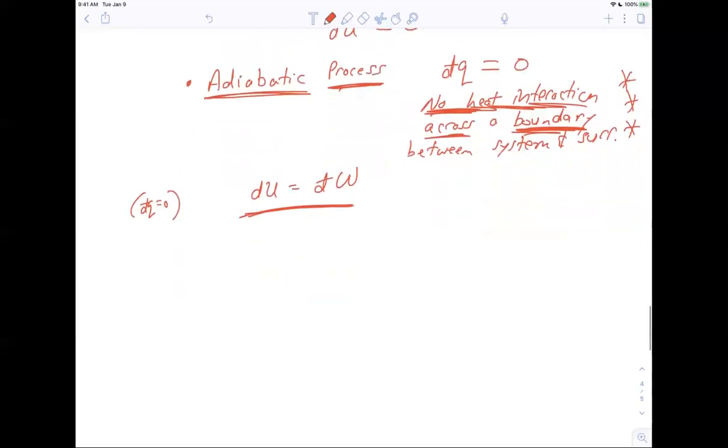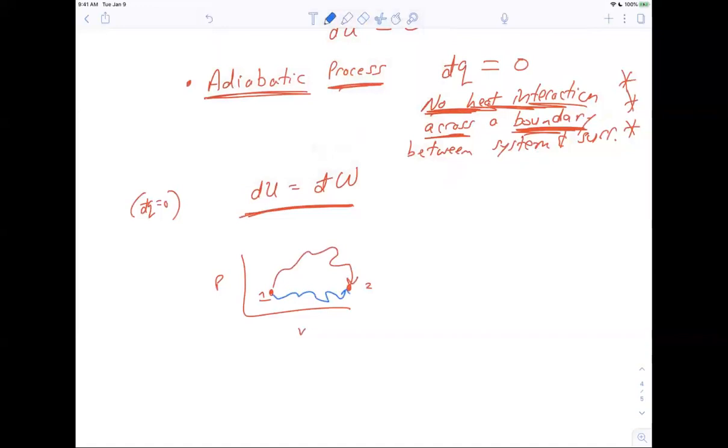Okay, so if you go from equilibrium state 1, here's equilibrium state 2, and if you go along some path, or if you go along some other path, delta u is always going to be the same.